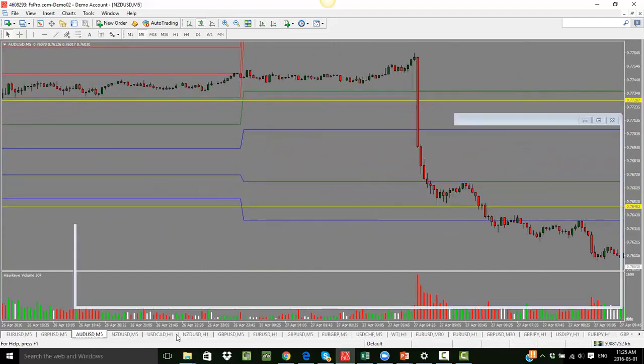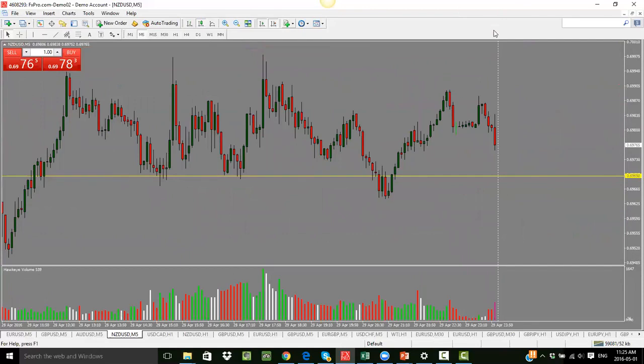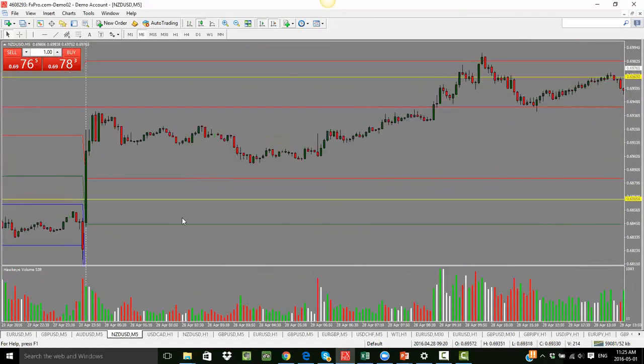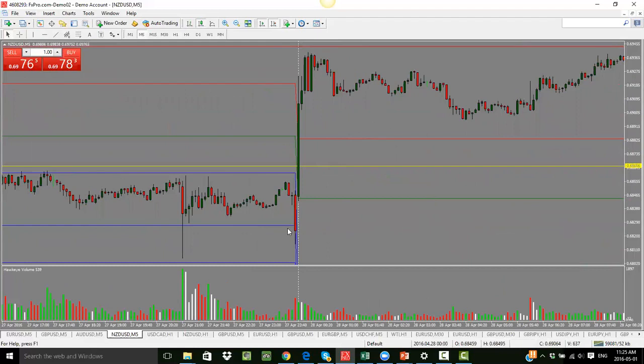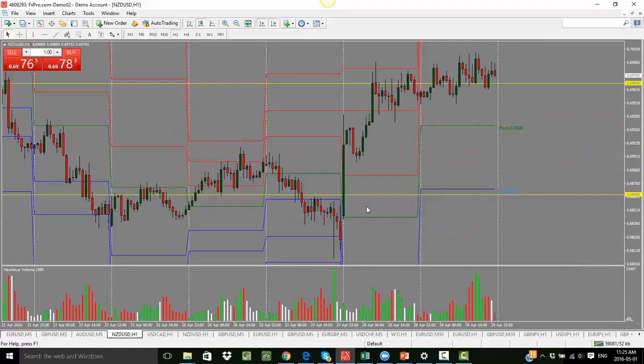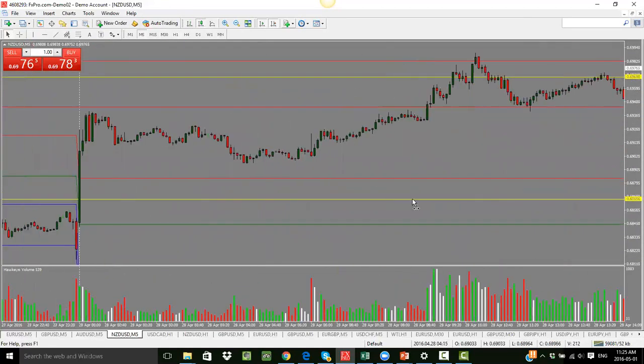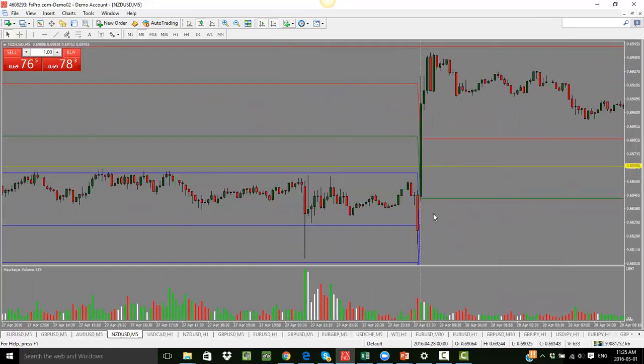Oh, I'm looking at Aussie, sorry. The New Zealand dollar was April 27. Thank you. So here we go. Yeah, so this is where the news had come out at 5 p.m., where they actually did not cut.